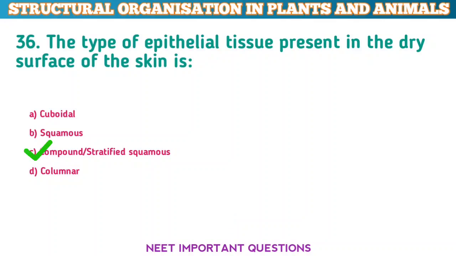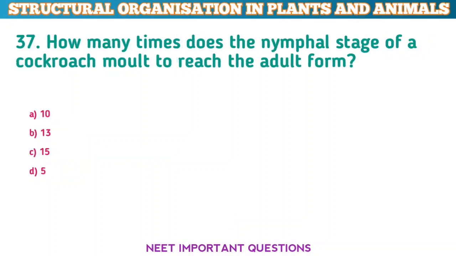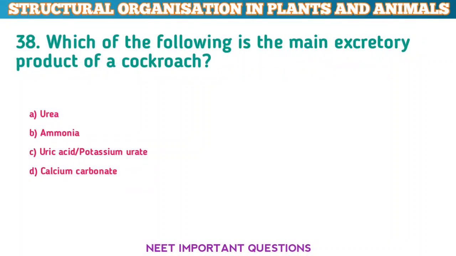C. Compound, stratified squamous. 37. How many times does the nymphal stage of a cockroach molt to reach the adult form? Answer. B. 13.